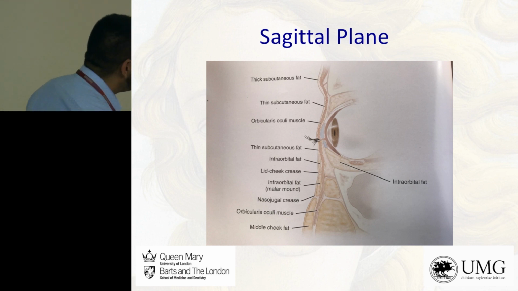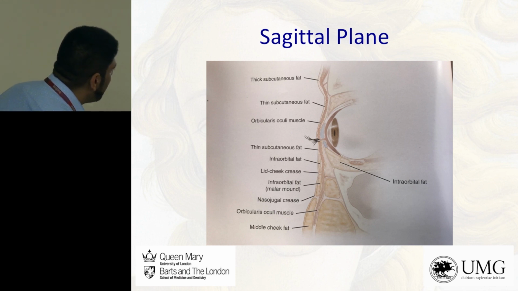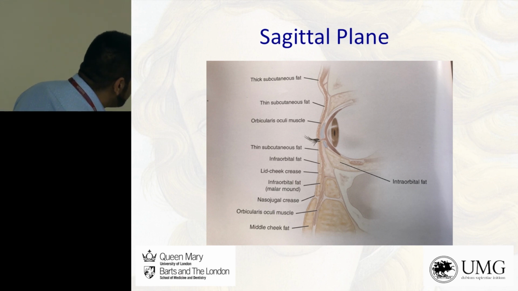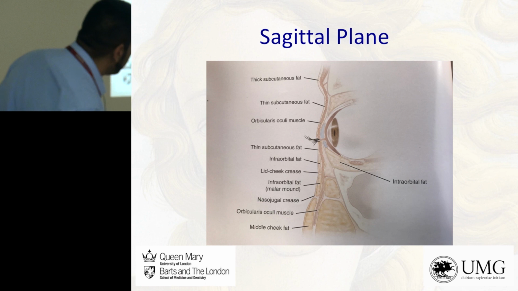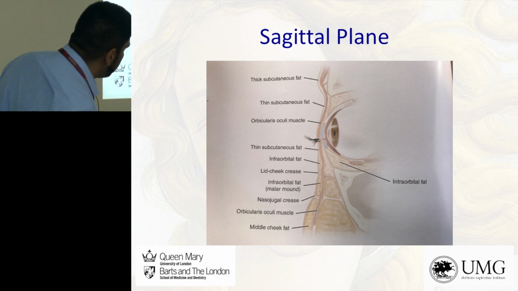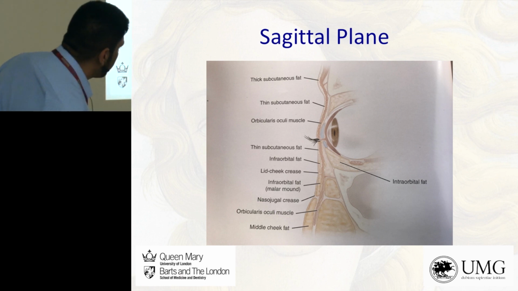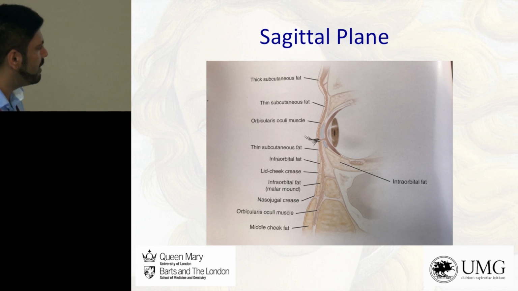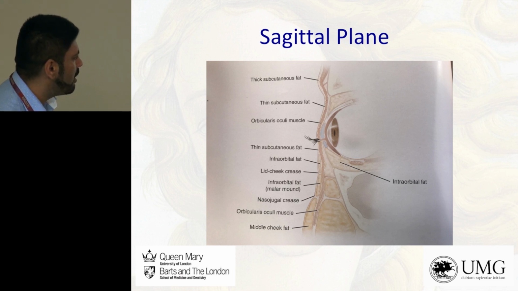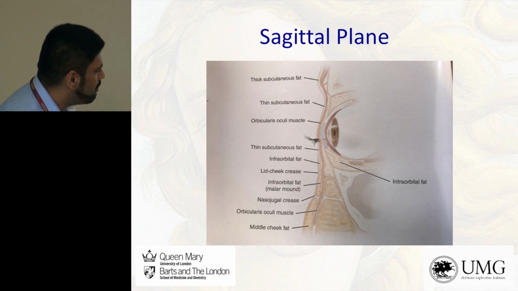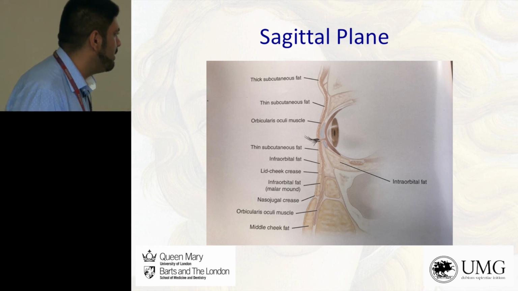So effectively, this is the globe. Around the globe, we have the intraorbital fat. And here, you'll be able to see this little white ligament here separates, effectively, where we get the connection between the orbicularis oculi and the bone, the orbital retaining ligament.